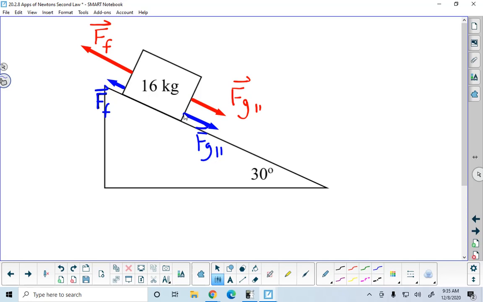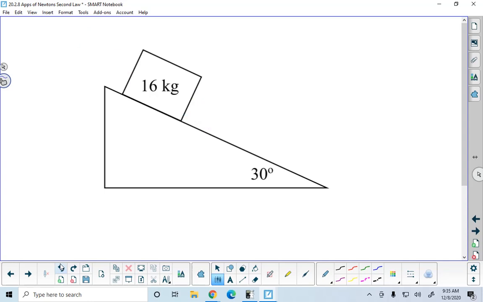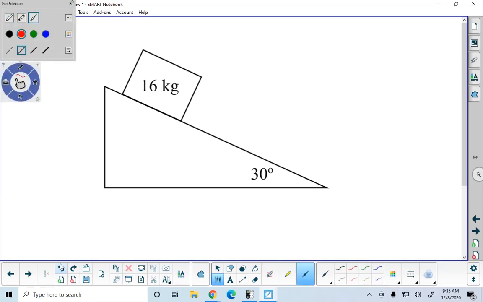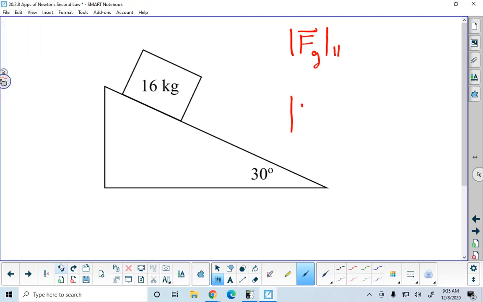So what we're going to do first, before we complete our free body diagram here, let me get rid of this stuff, is calculate the magnitude of those two forces. We need to know the magnitude of the force of gravity acting parallel to the ramp, and the magnitude of the normal force.